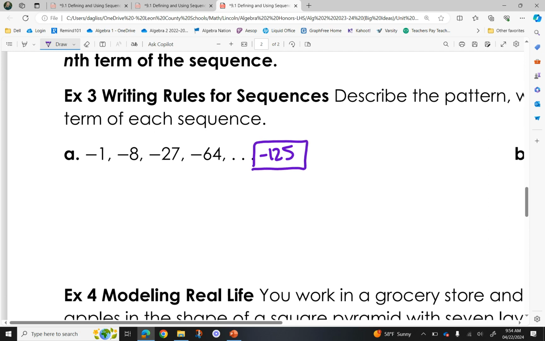He noticed that each one is a cube, right? 1, 8, 27, 64, but they're also negatives. Okay? So the pattern we're noticing is negative perfect cubes. Okay? So the next term is going to be a -125.